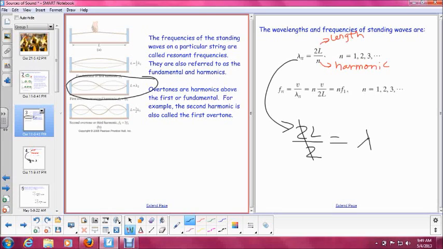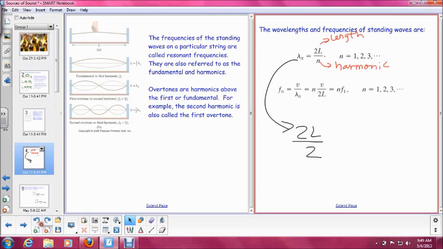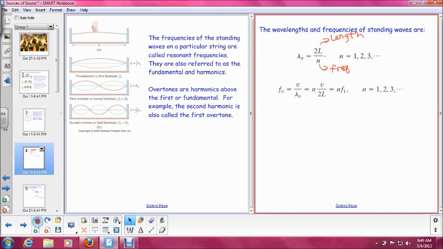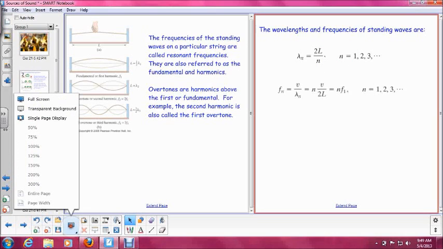Now, for the first harmonic, the wavelength is going to be 2 times the length of the string, because to get one full wavelength, it would have to be double the size. This first harmonic is only half of a wavelength, so we would have to double that. There we go.